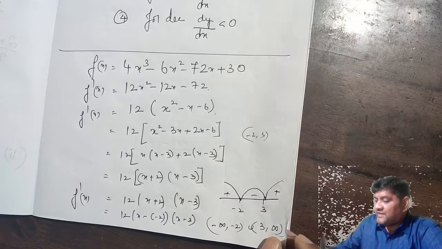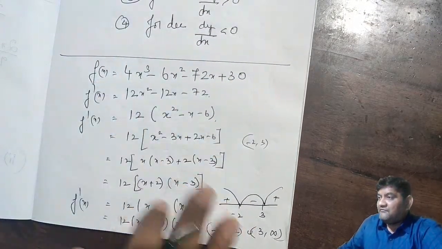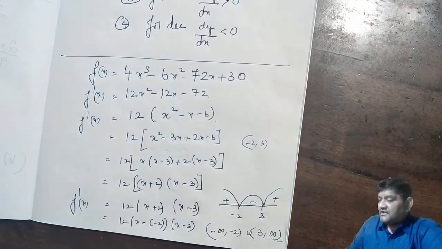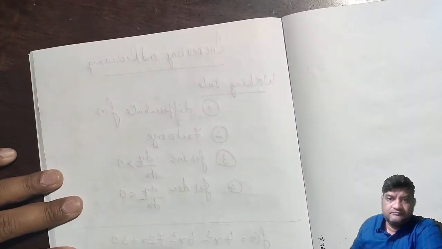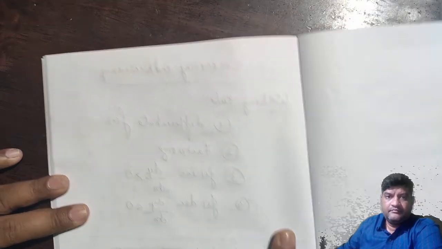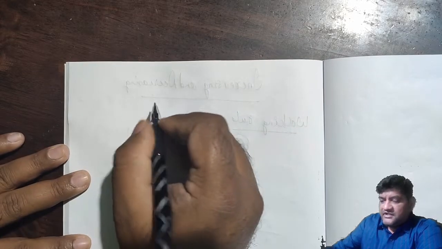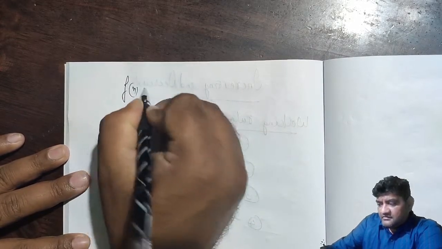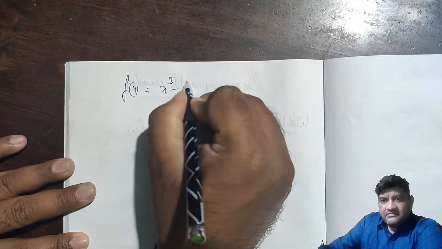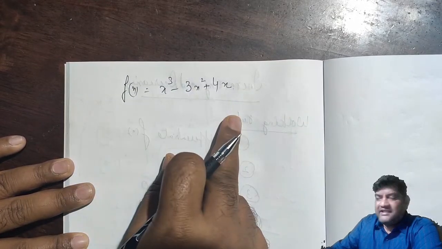Some questions are not straightforward as how I have it here. This is typically following these steps and then you're done. Let's look at a question here. Show that the function given by this is increasing.